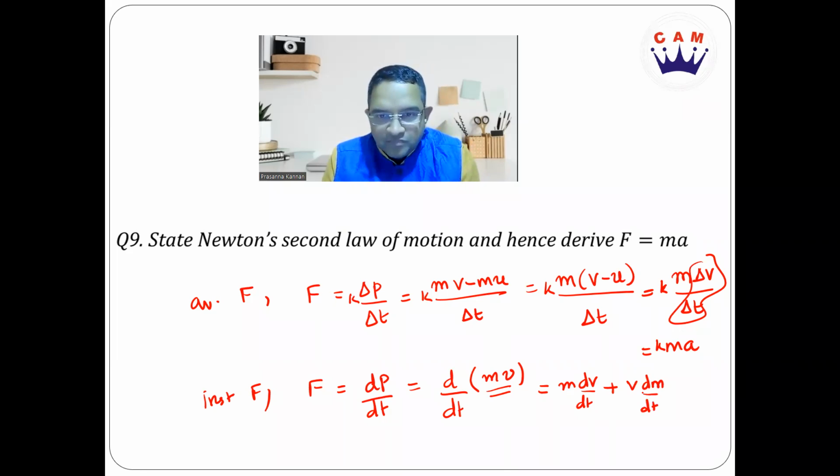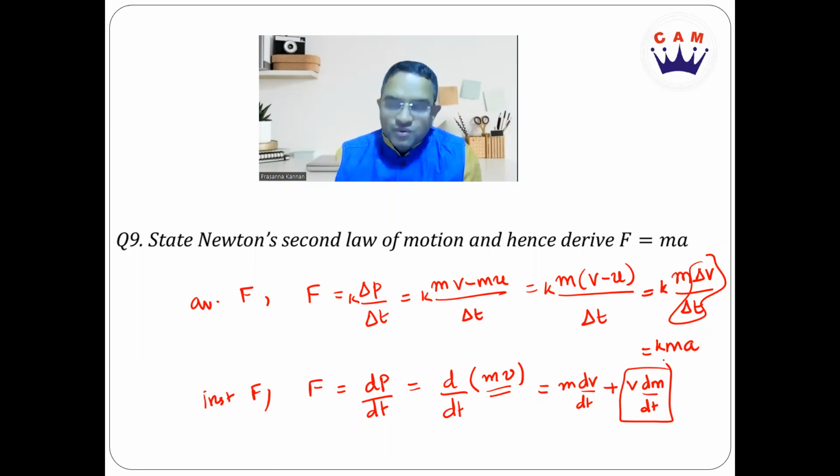Now, usually this part is 0 because mass is constant in the cases that we discuss. But there could be situations where mass can be variable, in which case you should be using this. Whenever mass is constant, this becomes 0 because differentiation of a constant is 0.